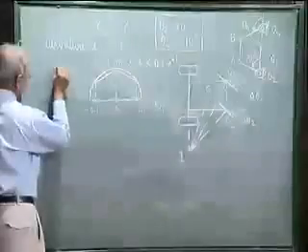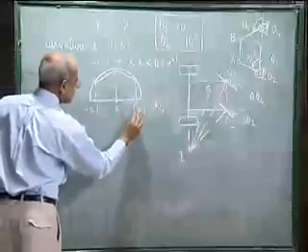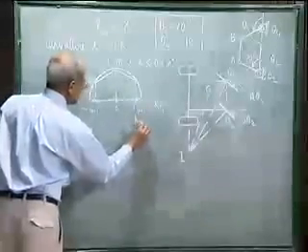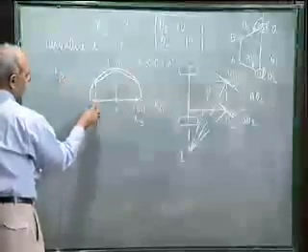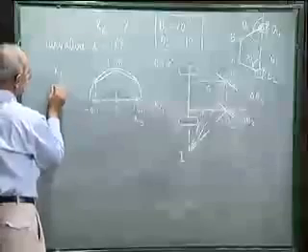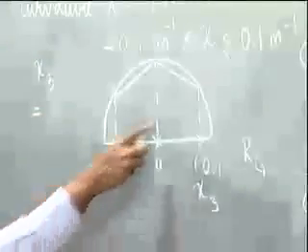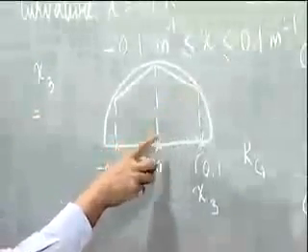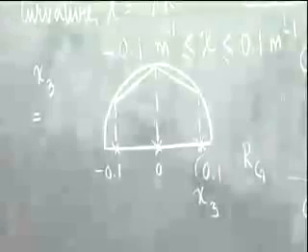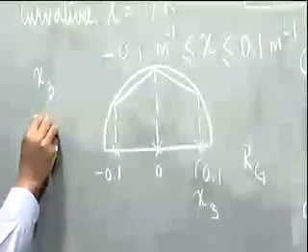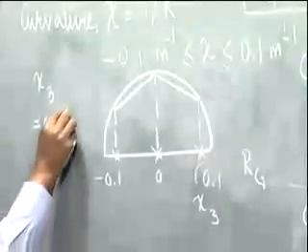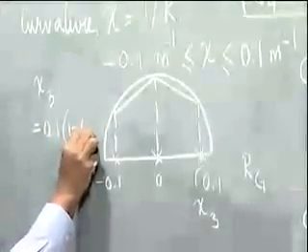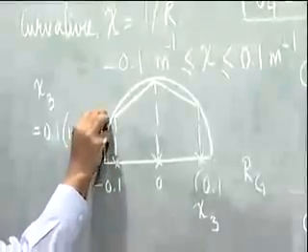So, if I call it phi 3, which is same as minus chi 1, so chi 3 is 0.1 into 1 minus cosine of 30 degree.